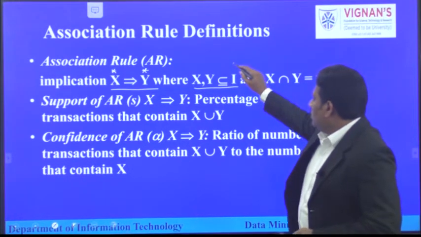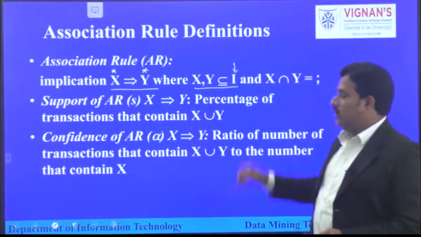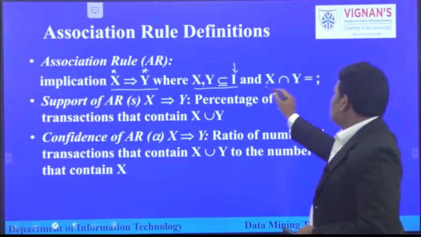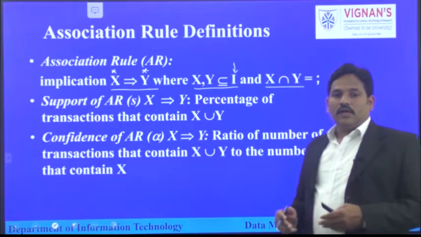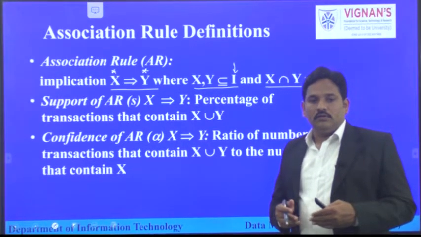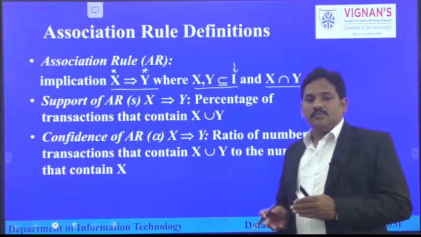That means X and Y are subsets of I, and X intersection Y equals null, because there are no common products in item set X and item set Y.